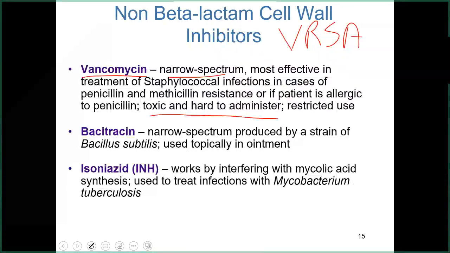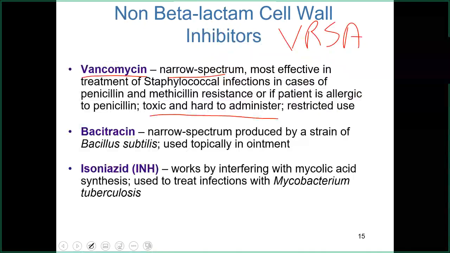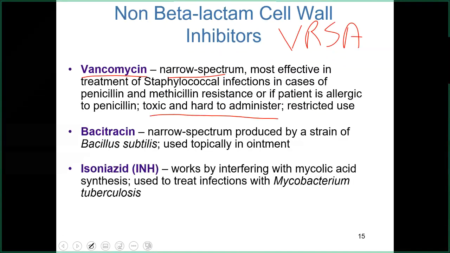So yes, bacitracin is an antibiotic produced by Bacillus subtilis. It's a common component of ointments and salves, like I think Neosporin and some other antibiotic ointments, which can be applied to cuts and things on your fingers and so forth.